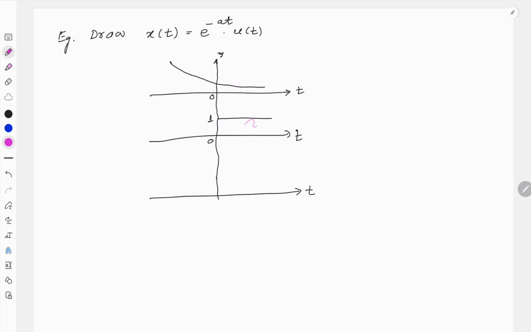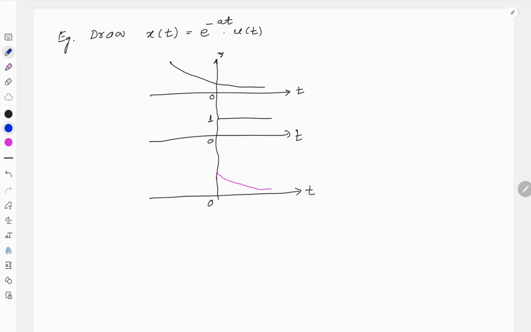Exponential multiplied by 1 is the exponential signal. So here we get exponential signal only on the positive axis. So whenever you have an equation like e raised to minus at into u of t, you will get an exponential signal starting at 0 and approaching towards positive infinity.